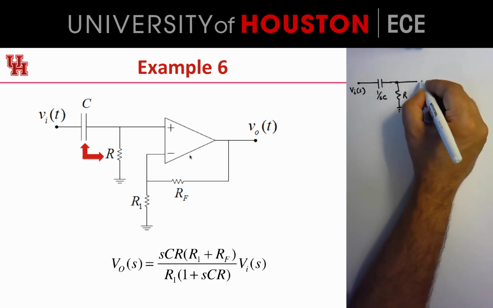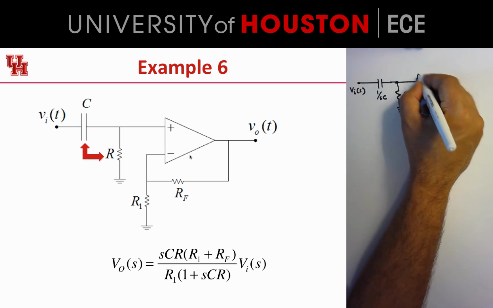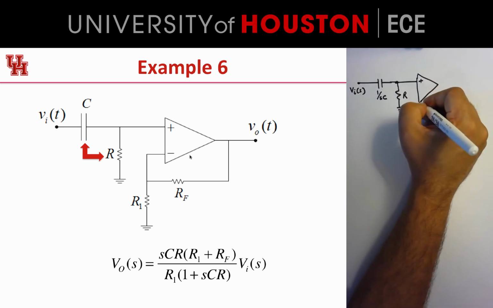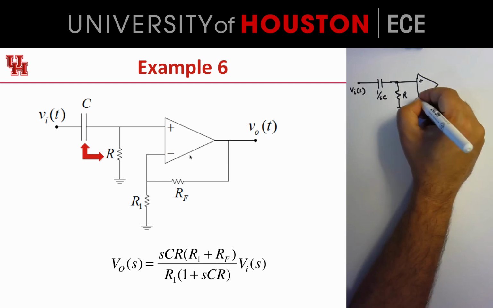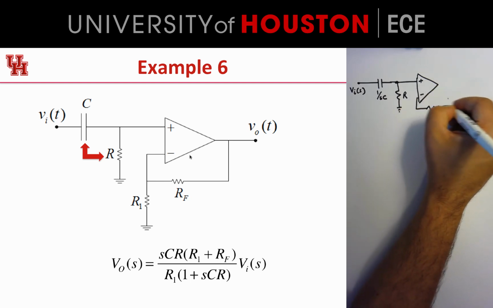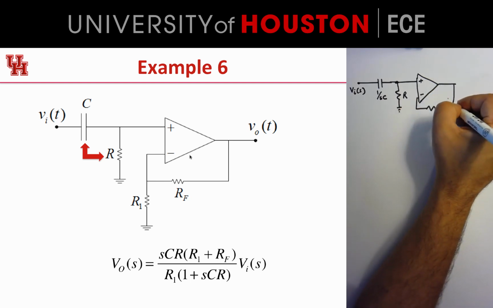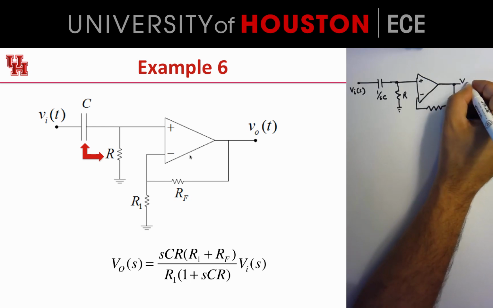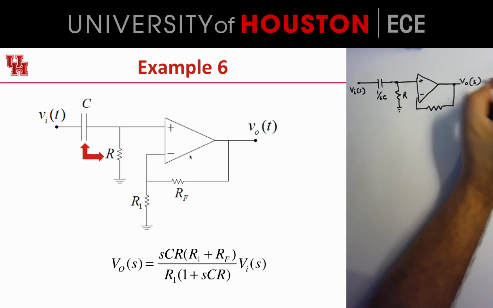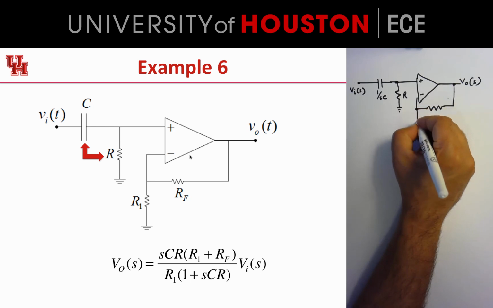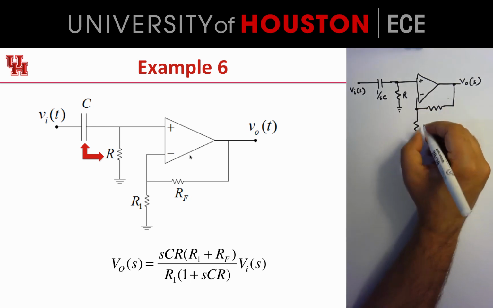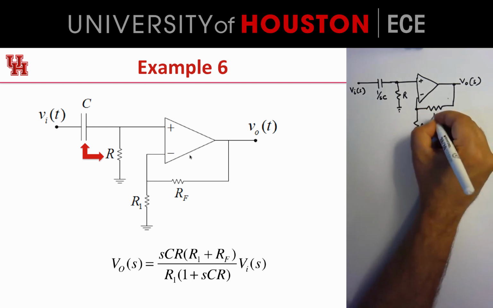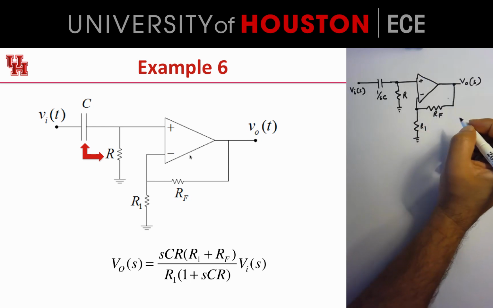And this is going to the plus input of the op amp. And on the minus input, I got the same voltage divider. So this is V output of S. I'll call this R1, this is RF.